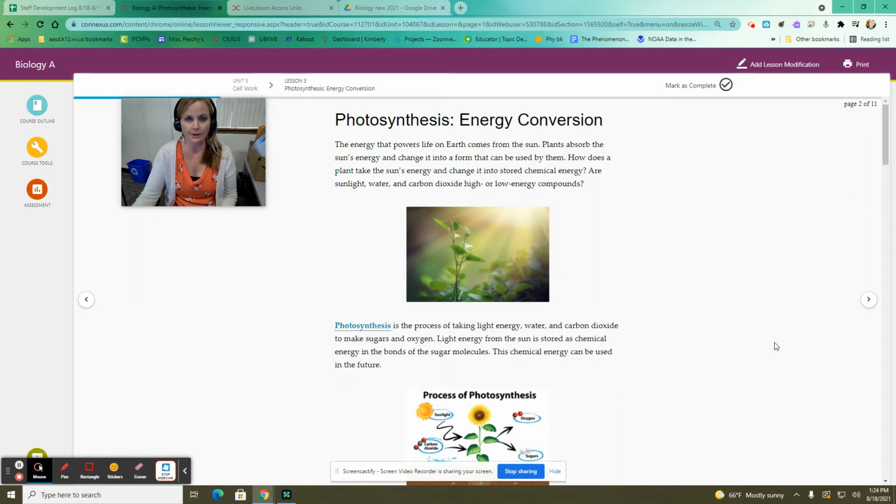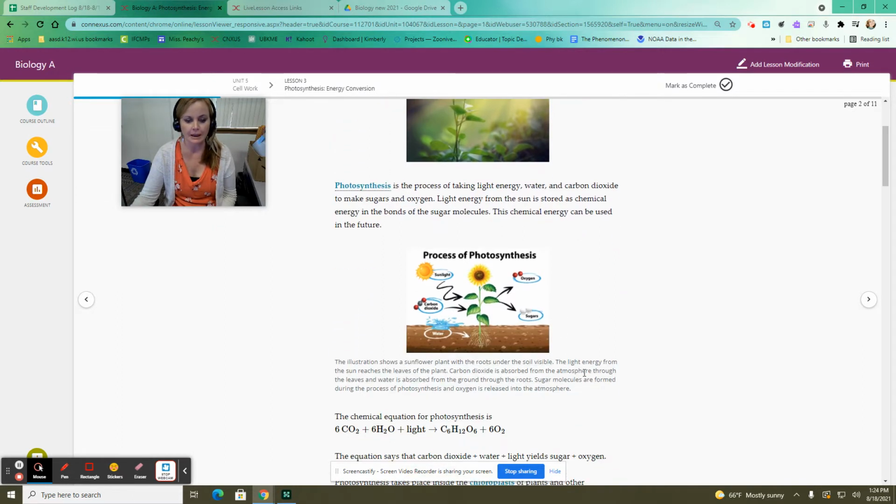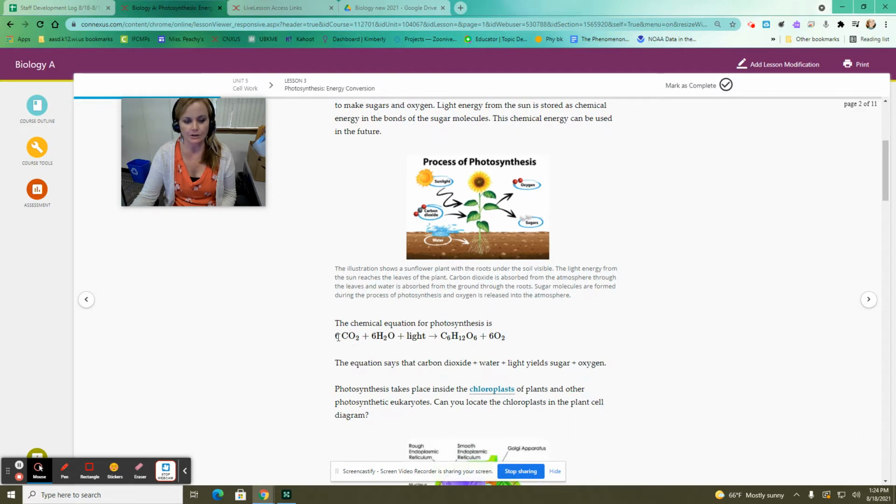It talks about how photosynthesis is the process of taking light energy, water, and carbon dioxide and making sugars and oxygen. And that's the general purpose of photosynthesis. It's able to produce sugars from inorganic material and energy from sunlight. The chemical equation for photosynthesis is 6CO2 plus 6H2O plus light is converted to C6H12O6 plus 6O2.